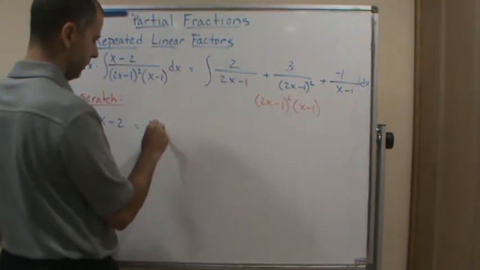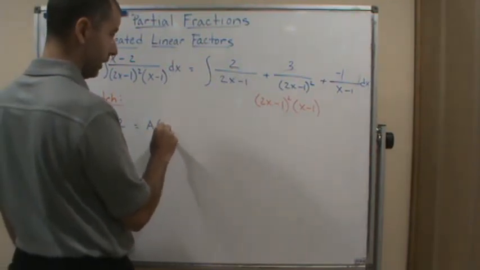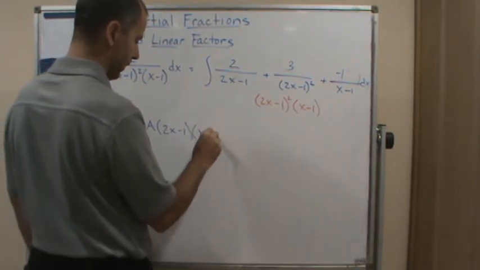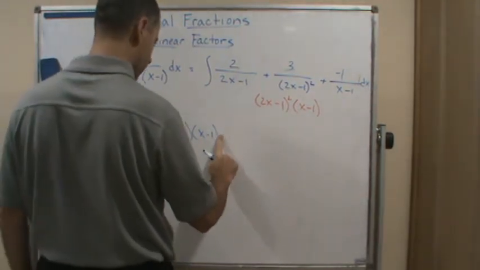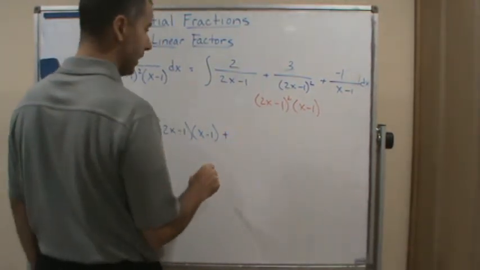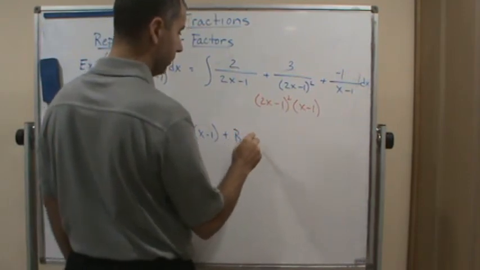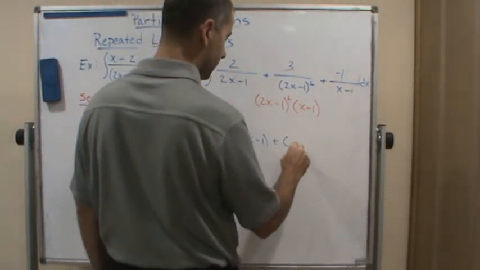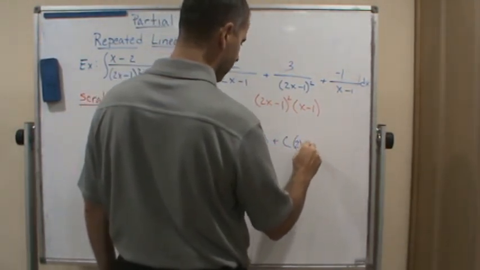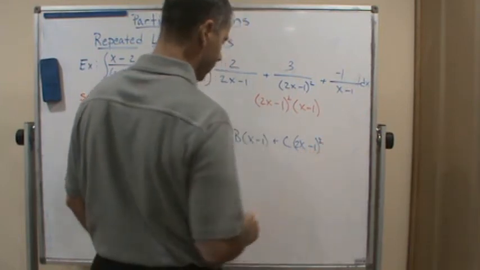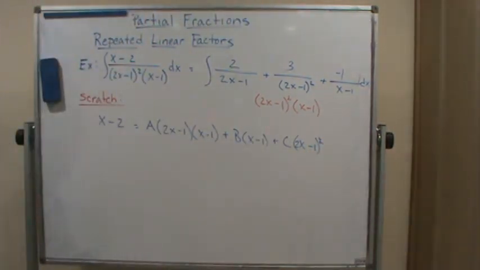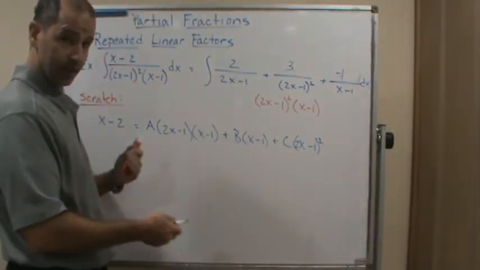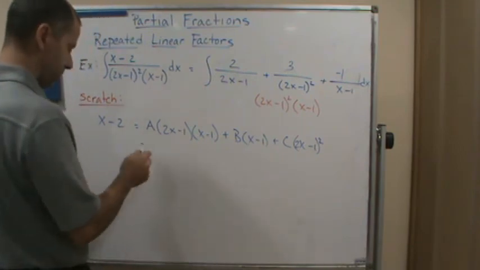So it's a times 2x minus 1 times x minus 1, oops, plus, then we get b times x minus 1 plus c times 2x minus 1 squared. And so now what I'm going to do is expand this out, simplify it, and then collect all of the x terms together.